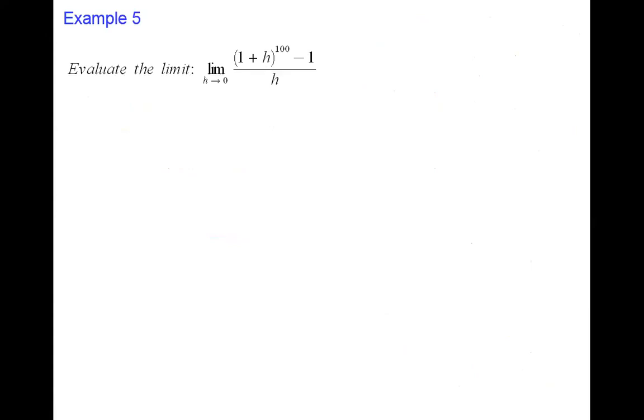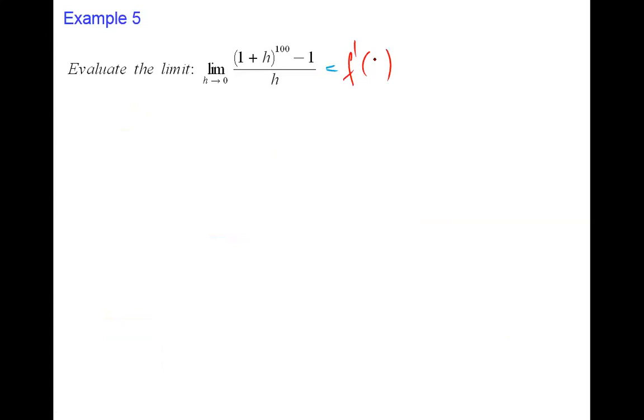Limit as h goes to 0, the quantity 1 plus h to the power of 100 minus 1, over h. That means again, this is the derivative. I will use the red color. This is the derivative. Can you tell me at what point? What is the a value?